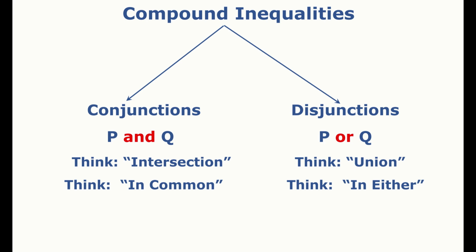So when you see conjunctions, think and, and then also think intersection and think in common. When you see or disjunctions, you want to think union and you want to think in either set. So we'll get into all that in more detail in a minute.